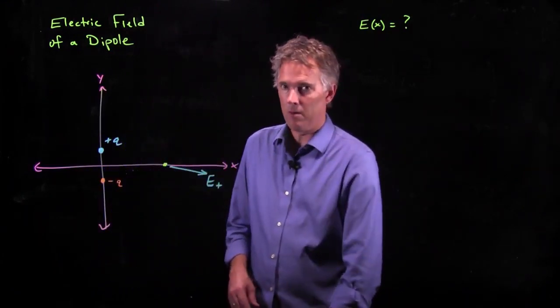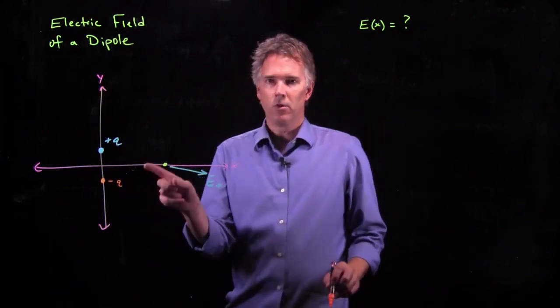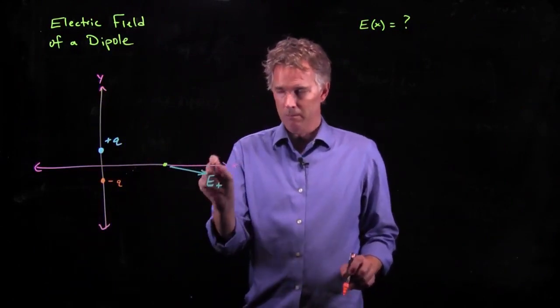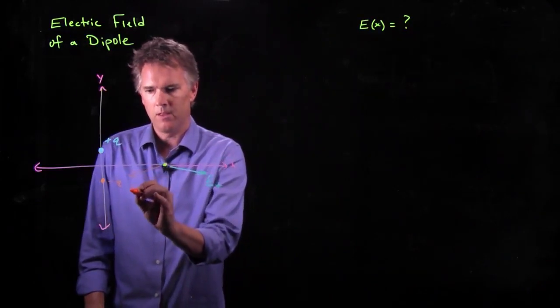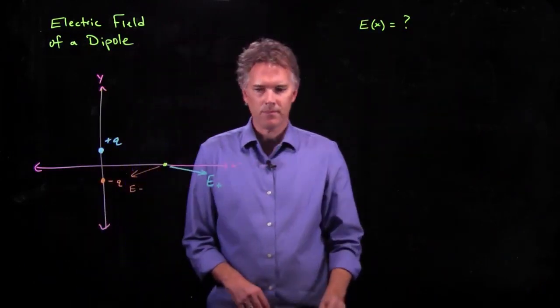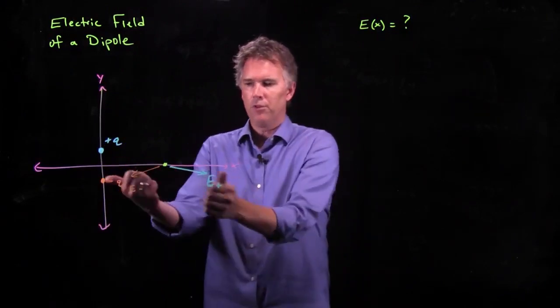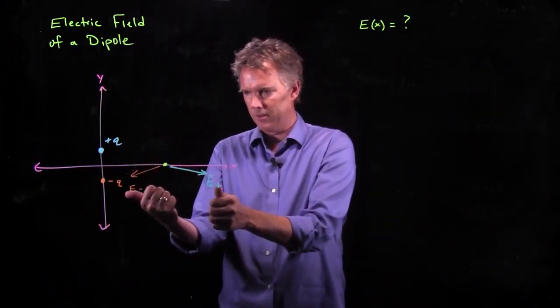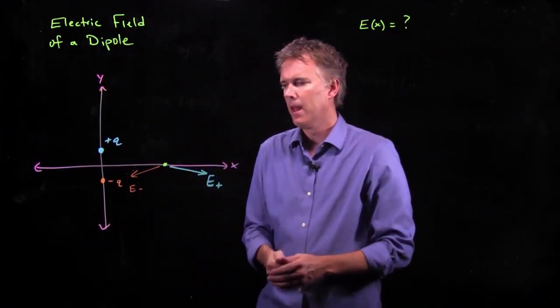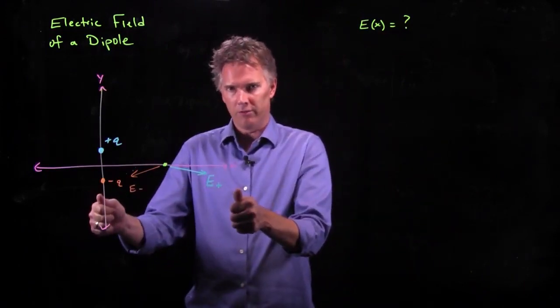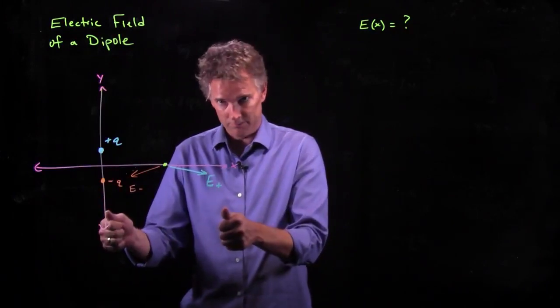The field from the negative charge is going to be exactly equal in magnitude, but of course it's going to point the other way. This is our E minus. If those two things are exactly equal in magnitude, and I didn't really draw it very equal, but pretend they're equal in magnitude, the horizontal components of those fields are going to cancel, right?